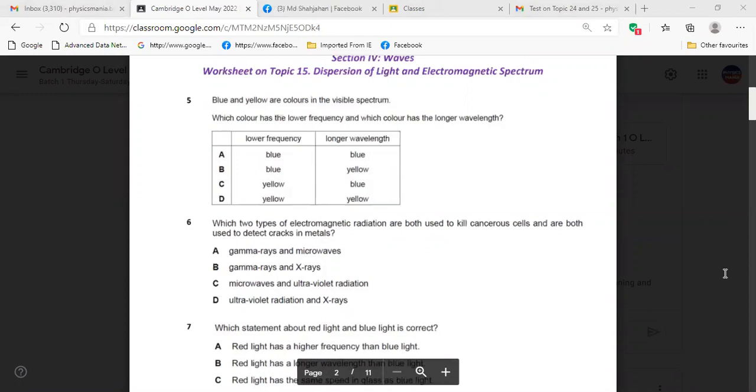Check which one is matching with this. Have you got it?